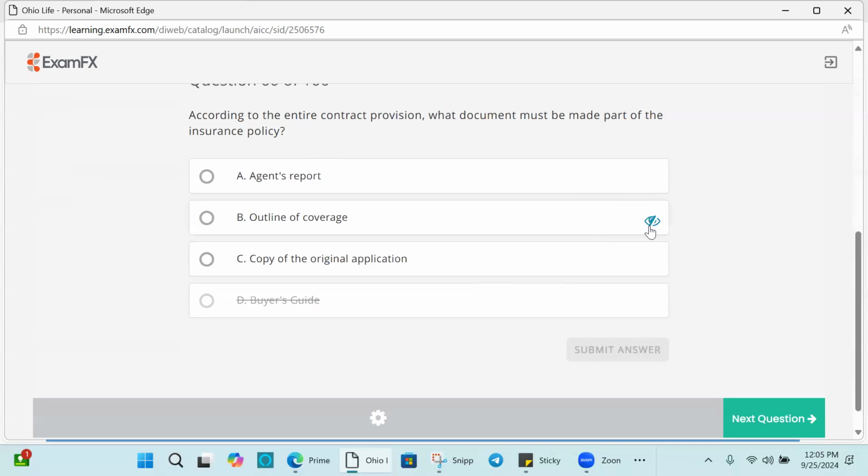The entire contract provision says that the entire contract is made up of a copy of the policy, a copy of the application, and a copy of any riders. So the answer is C. There's nothing like an agent's report really.